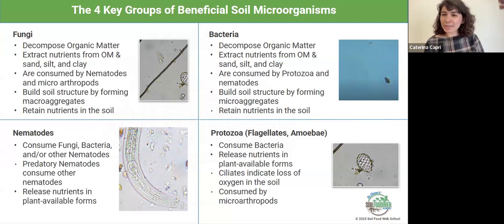They are decomposing organic matter, and they are extracting nutrients not only from organic matter, but also from sand, silt, and clay. And they are super important in terms of building structure in the soil because they are forming microaggregates by gluing them up, basically because they want to protect themselves, but it is a very important role. They do work for our soil structure.